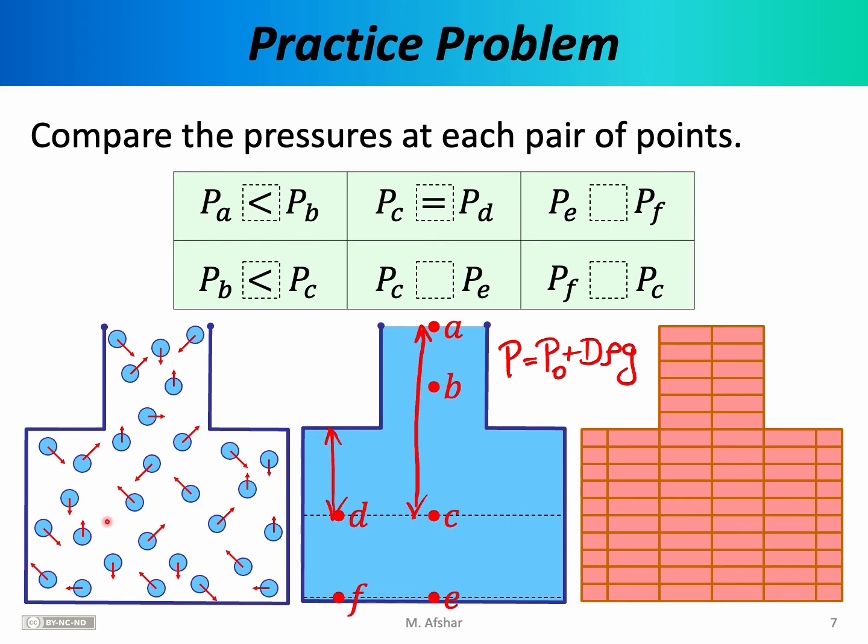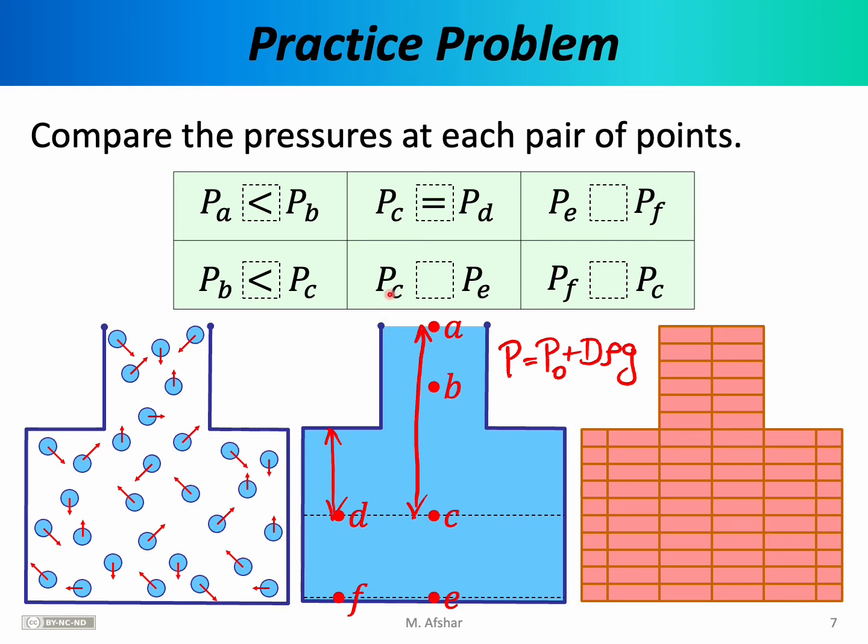So we sometimes describe this very complicated situation by saying that the force is being transmitted in every direction. So long as we're talking about 2 points at the same depth, we can assume that molecules at that depth have the same energy and therefore exert the same force and consequently must have the same pressure. Therefore, pressure at C must be equal to the pressure at point D.